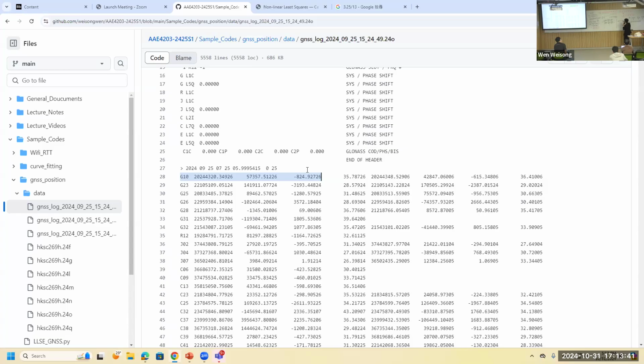The change is directly related to the direction vector multiplied by the velocity of the satellite minus the velocity of the receiver. Plus, because your receiver has a clock drift, you have the receiver clock drift. This is the so-called clock drift. So this is the physical model for the Doppler measurements.